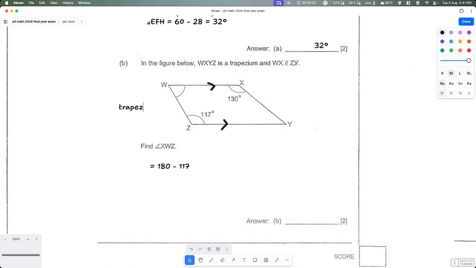In a trapezium, angles on adjacent sides, parallel, are equal to 180 degrees.